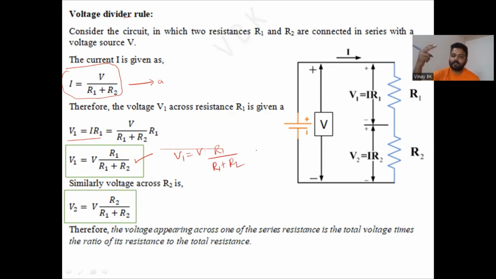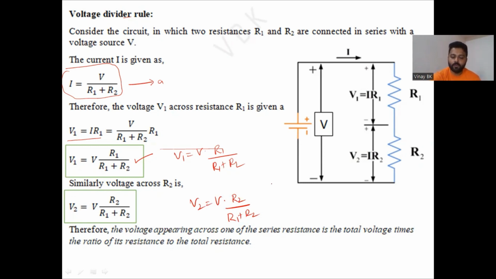There are two resistors, so the sum of these two resistors. Similarly, how will you write V2? V2 equals total voltage into the same resistance, that is R2, divided by the sum of resistances R1 plus R2. So this is the formula for the voltage divider rule.